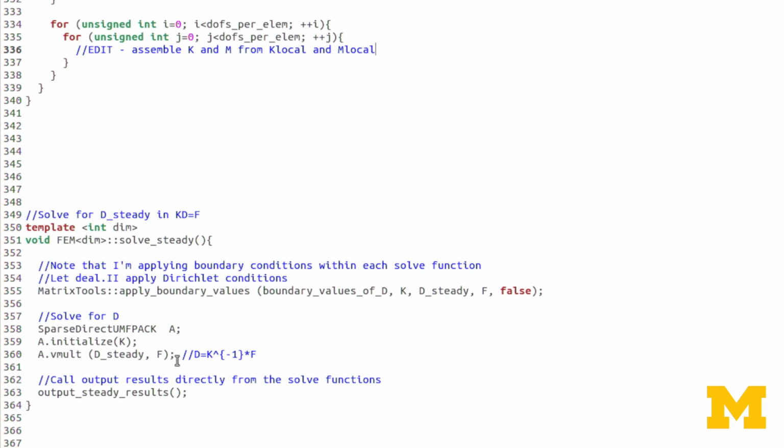And within this function, we'll solve for the steady state solution, and we store that result within the vector d steady. Okay, so that's nothing new up to there. Up to this point, we haven't solved for anything more than what you've already solved for in homework 3, which is just a steady state heat conduction problem. In the next segment, we'll move on to looking at solving the transient solution as the time progresses.